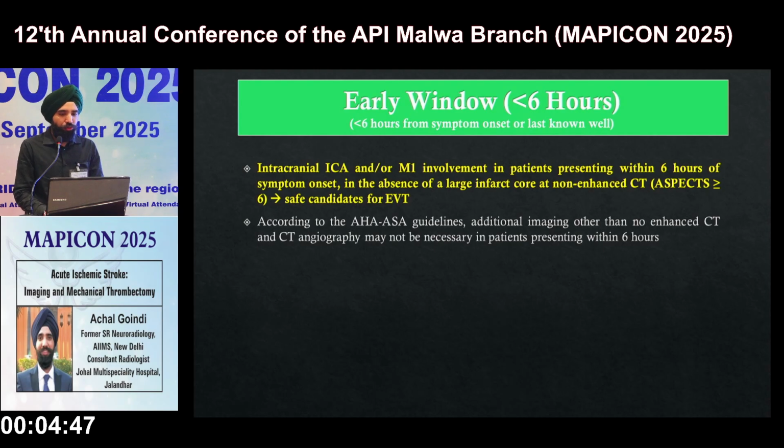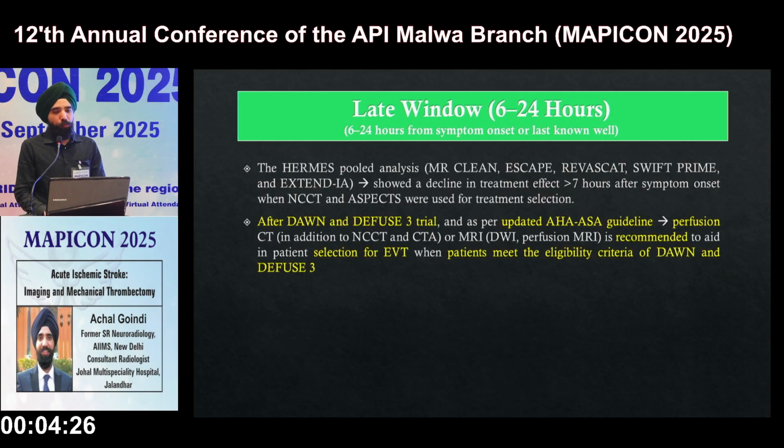So the early window, as I already talked about: ASPECT score of more than 6, patient having a large vessel occlusion presenting within 6 hours of symptom onset, having a small core and a large penumbra, one has to go in for a mechanical thrombectomy, no questions asked. The problem lies when the patient falls outside of the 6-hour window period.